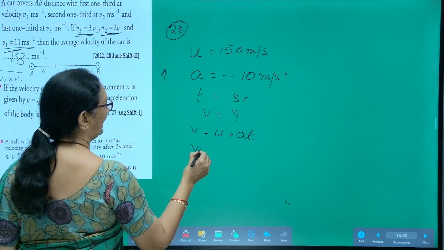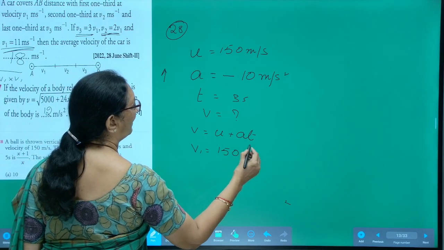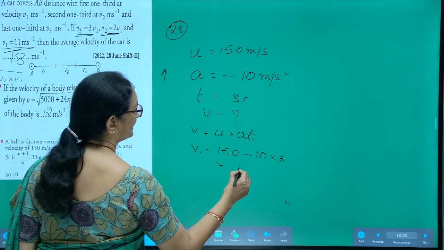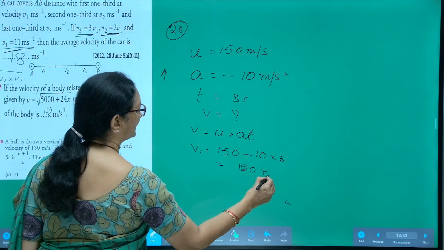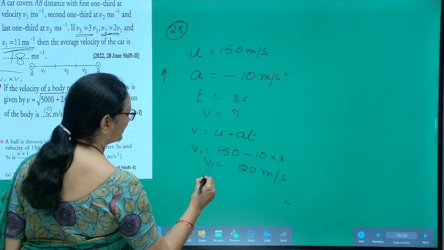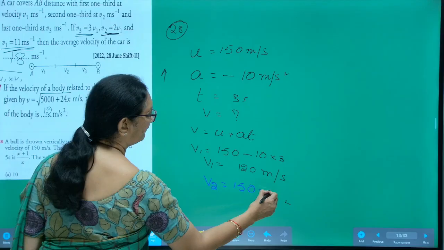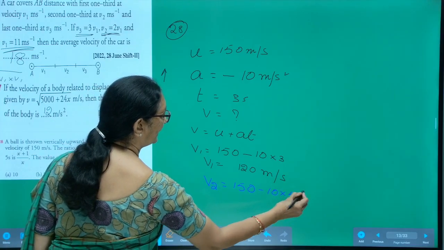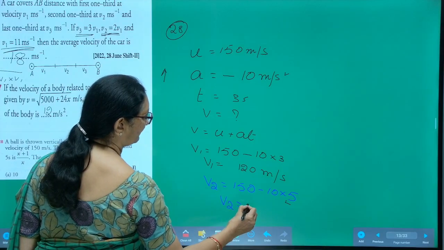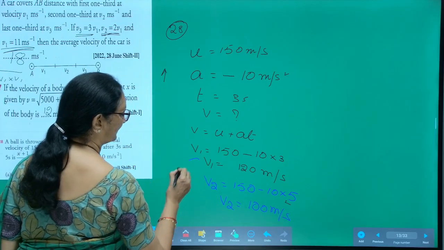So, velocity at the end of 3 seconds becomes 150 minus 10 into 3. That is 120 meter per second. Similarly, velocity at the end of 5 seconds is 150 minus 10 into 5, 50. So 150 minus 50 is 100 meter per second.